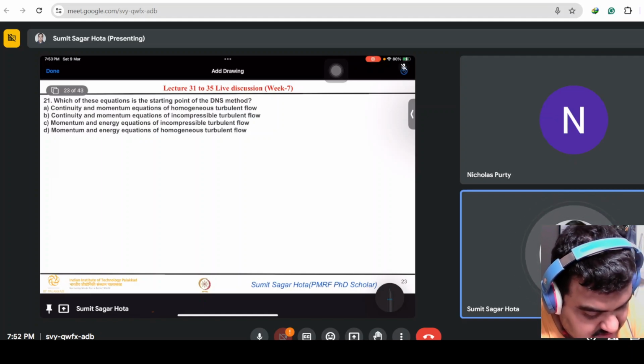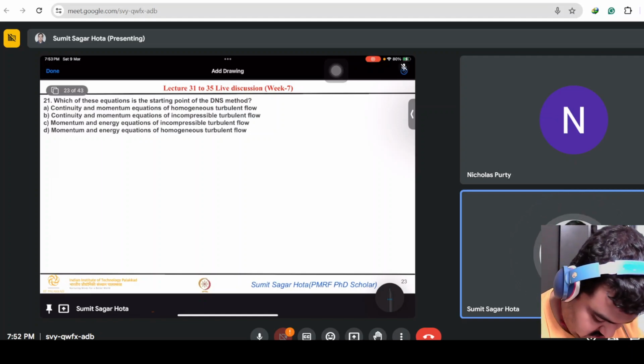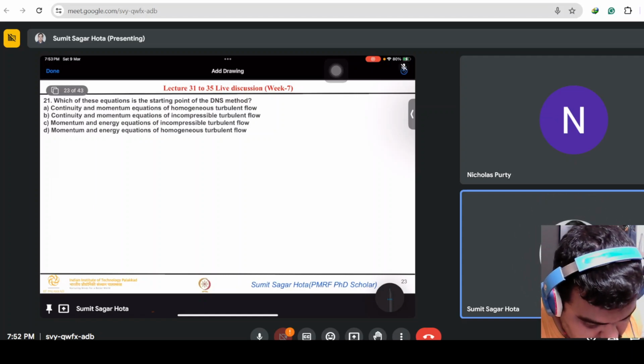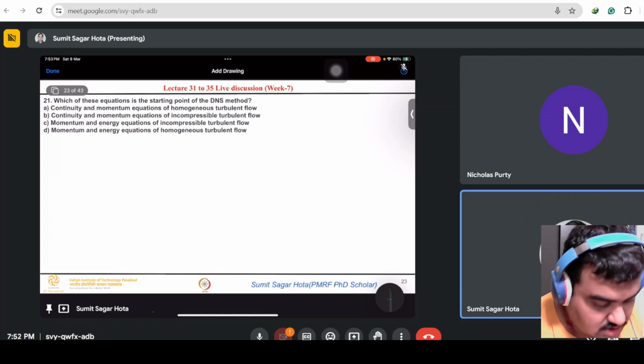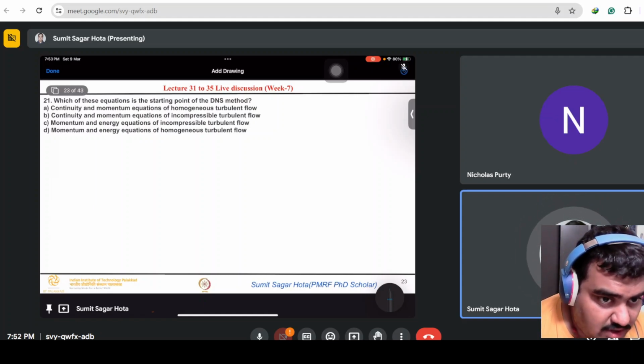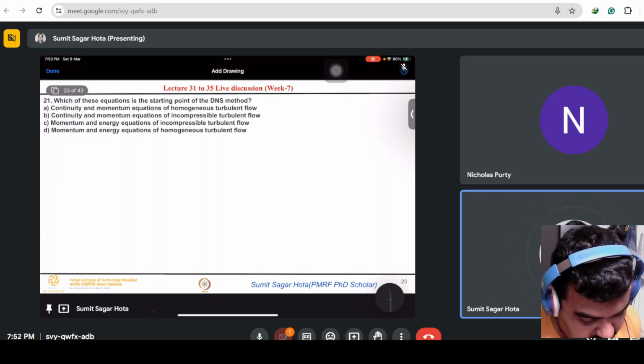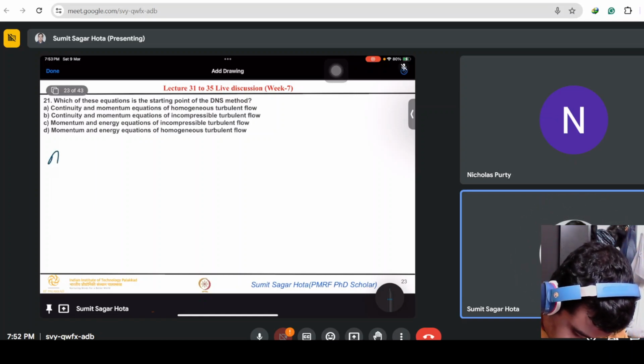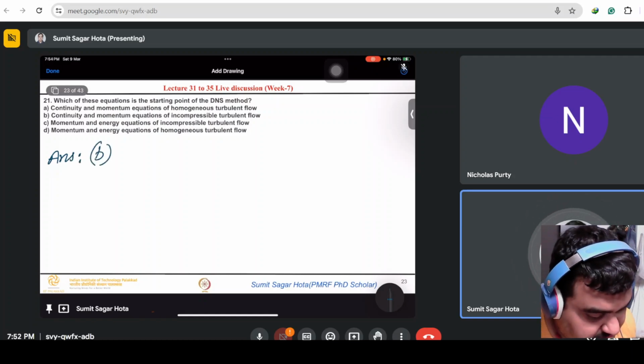Which of the equations is the starting point of the DNS method? The answer is B. Continuity and momentum equation for incompressible turbulent flow.